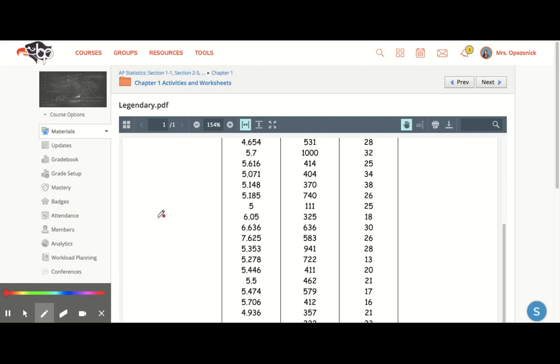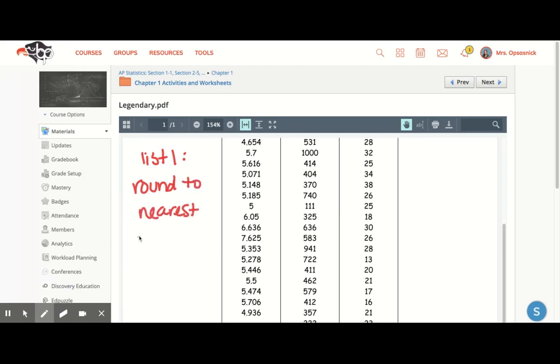So here for list 1, I would say that I'm going to round to the nearest tenth. And then after I do that, I would do something like this, 5.7 here. I would say 5 line 7 is equal to 5.7 for my key.